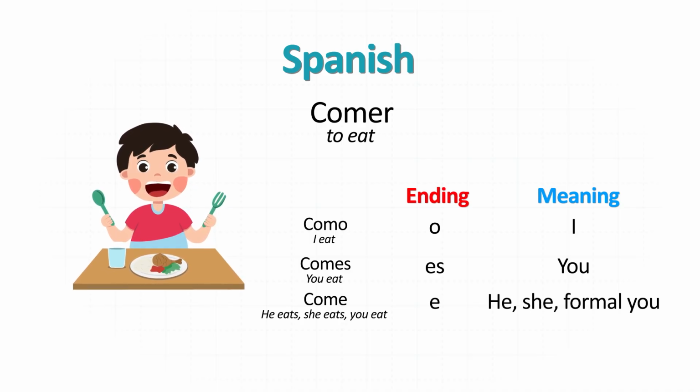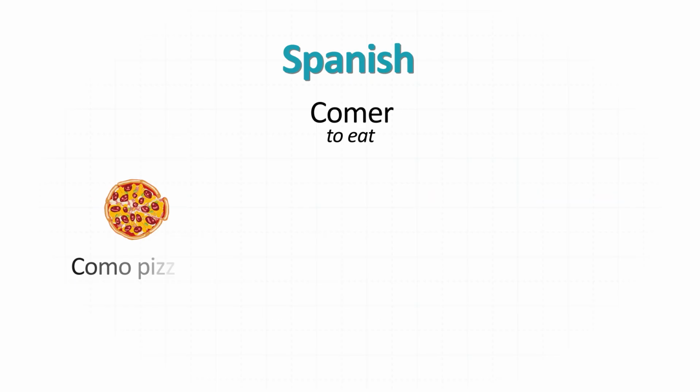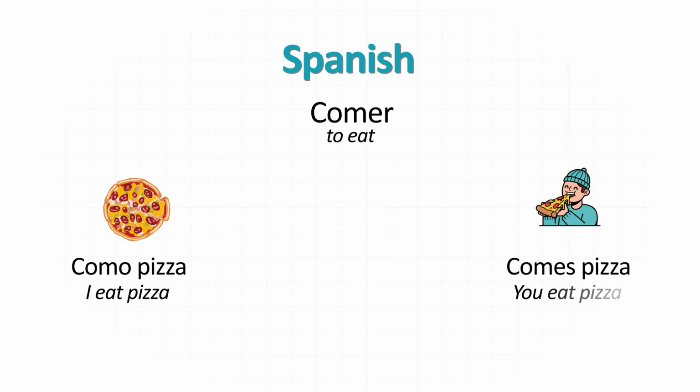Same pattern. Different endings, different meanings. So when you hear a Spanish speaker say como pizza, they're saying I eat pizza. The subject pronoun yo is unnecessary. The verb como already tells you it's I. When you hear comes pizza, that's you eat pizza. The verb comes tells you it's you, no pronoun needed.